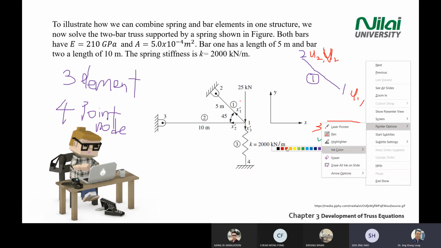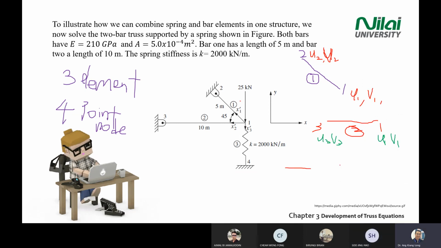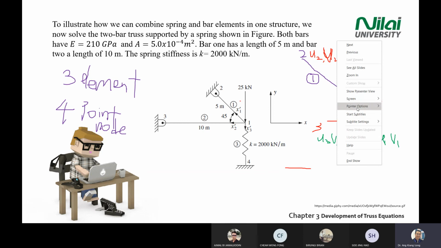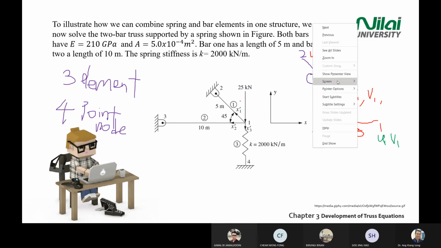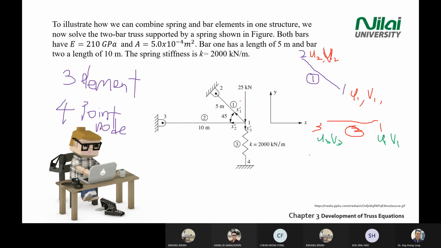I use the red color also. The third element connects point 1 and point 4. So element 3 also has 2 points that you need to refer to the x and y axis.